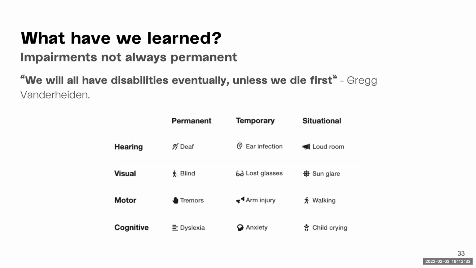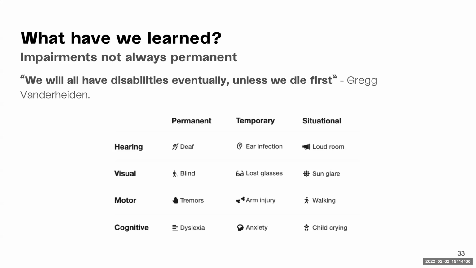Motor disability like tremors, but someone with a broken arm or an arm injury will suffer the same. So there's one arm that is not used for a specific amount of time. Walking, like when people walk, they cannot perform when it comes to the motion or the motor, like people who are settled or standing or sitting down.